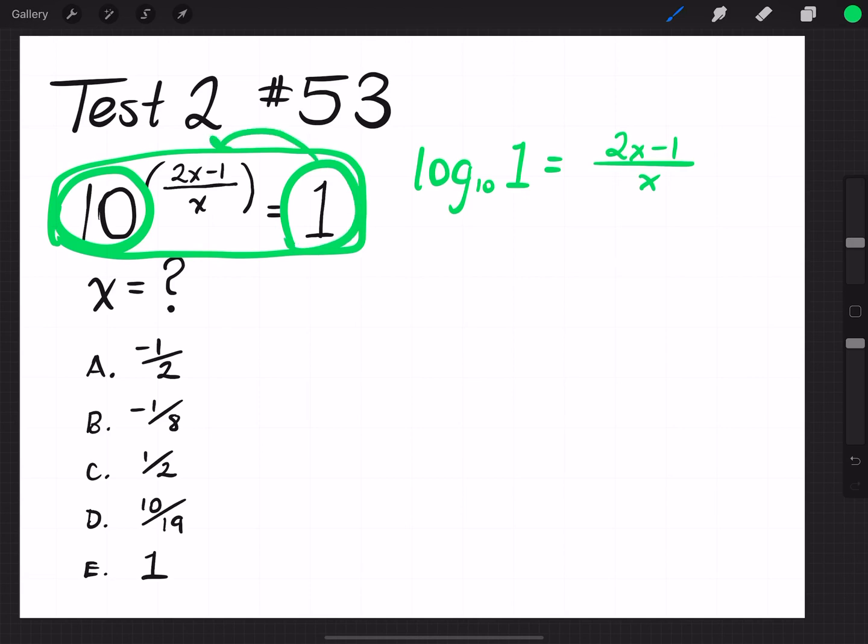There we go. And you could literally even type in, what is log base 10 of 1? And actually what you'd find is the answer is 0, so 0 equals that.